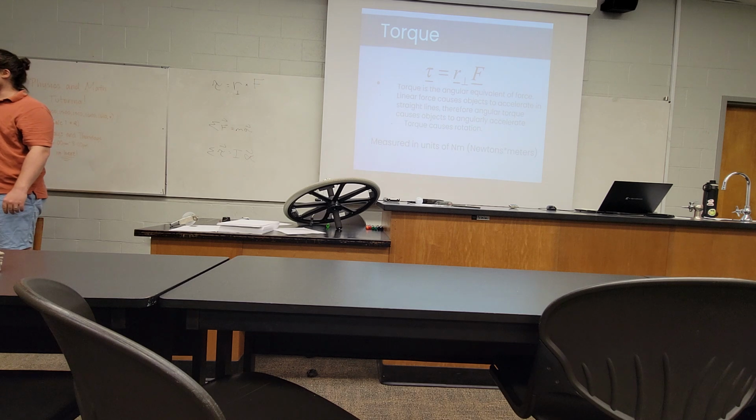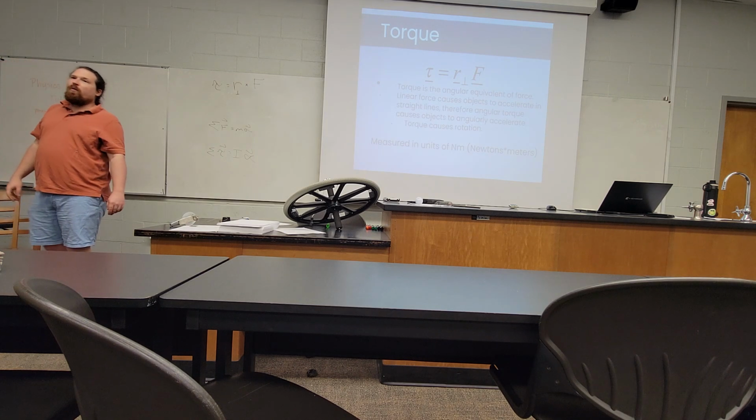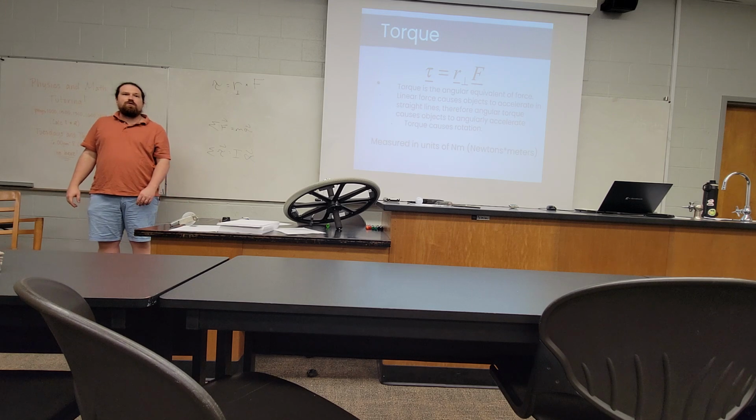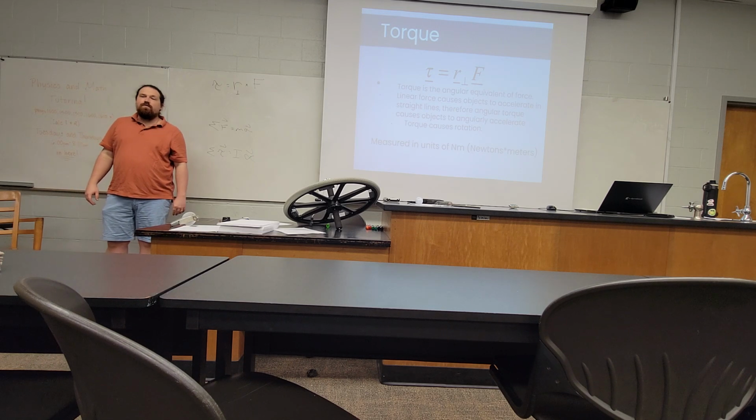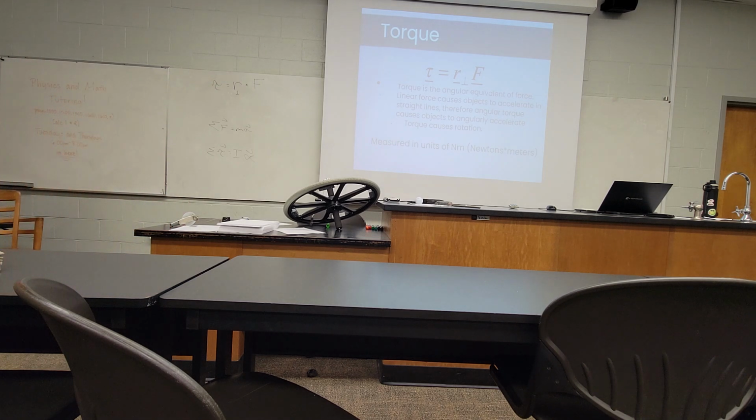I know this because the physical object has an axis of rotation, the hinges, and if you were to come up and try to open or close this door, where would you put your hand on it to apply force? Furthest spot away from the point of torque. Furthest spot away from the hinges, and that's why the doorknob is over here and not over here. If the doorknob was here, we'd have a bad time.